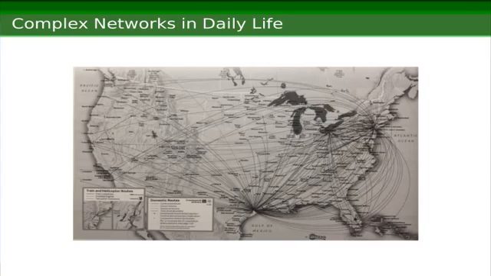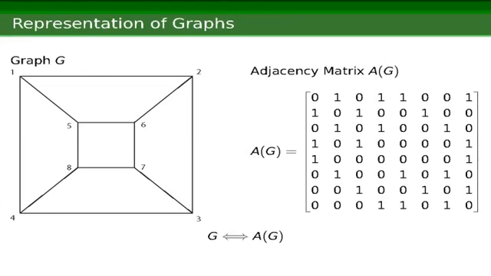Another example is the flight routes between cities. And this network is indeed a complex graph too. The graph is a geometric representation that can be transformed into an adjacency matrix, which is an algebraic representation. The 1 in the adjacency matrix means there is a connection between the 2 vertices.